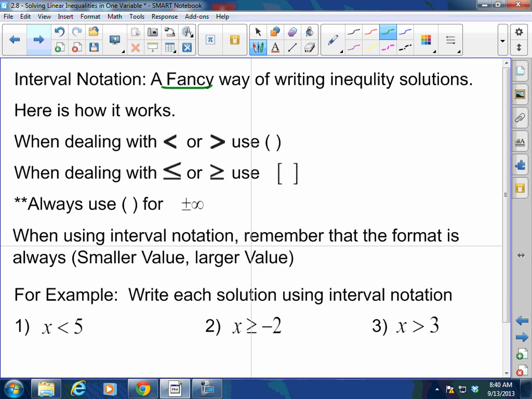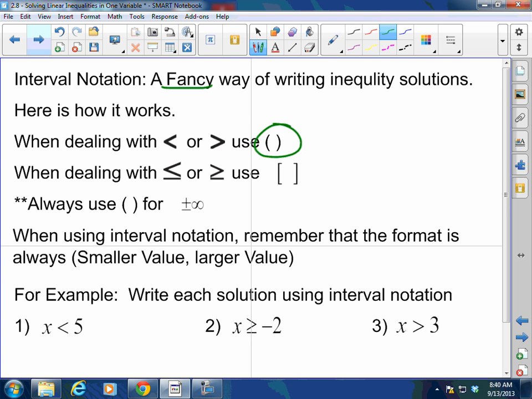When dealing with less than or greater than, straight up, guys, just so you know, you're going to use parentheses. Always. If you're dealing with a less than or a greater than, you're dealing with parentheses. Parentheses basically lets the reader know, hey, dude, this number's not included. It's everything else. Okay?